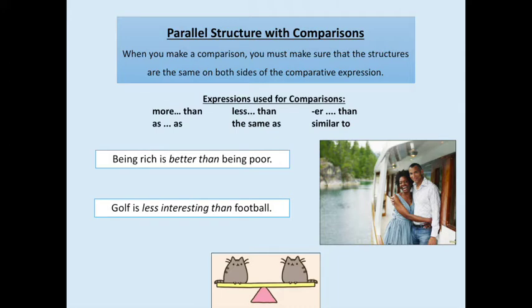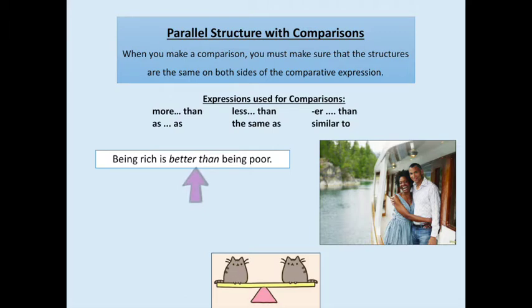Let's look at an example. Being rich is better than being poor. We have our expression for comparison, better than, and then we have being and an adjective, and then on this side, the word being and another adjective.